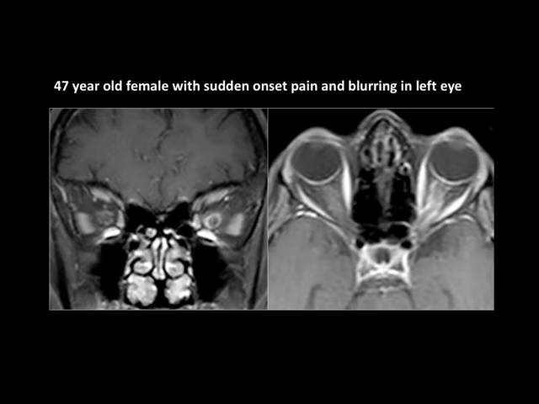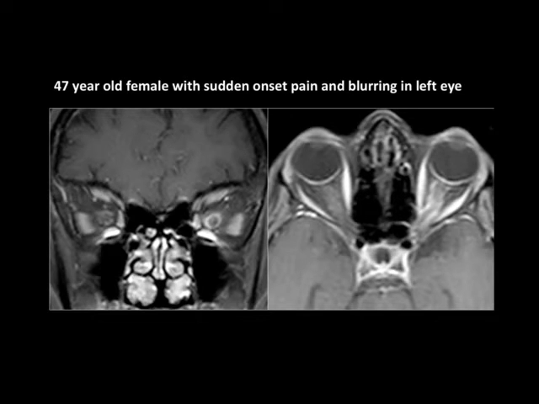Coronal and axial post-contrast images of MR orbit are provided, showing diffuse nerve sheath enhancement of the left optic nerve in its entire extent. It's suggestive of optic neuritis. This is perineuritis.